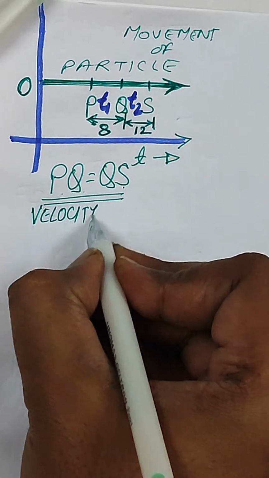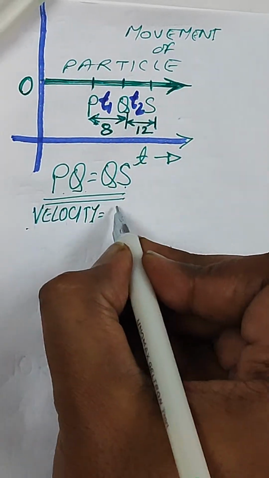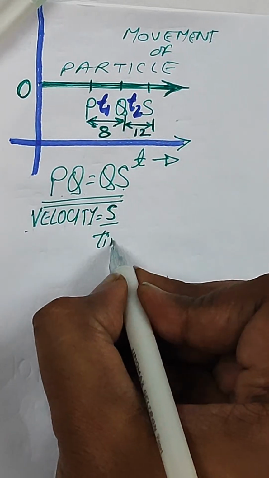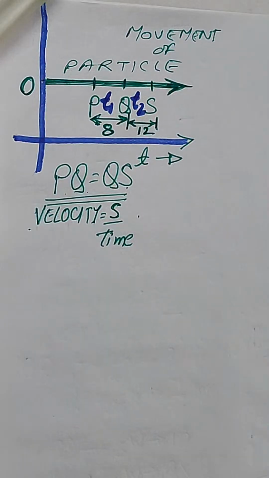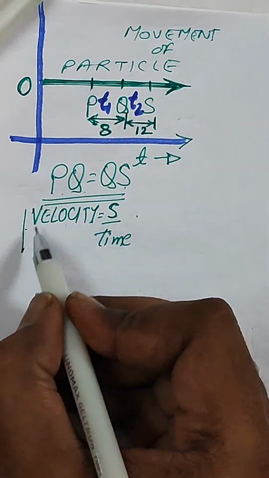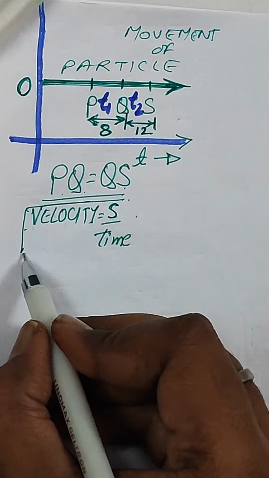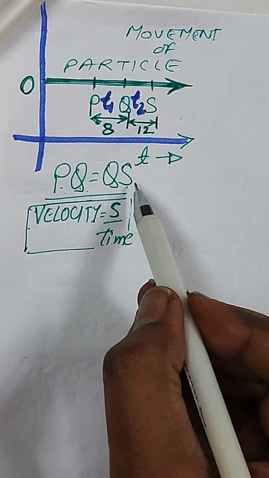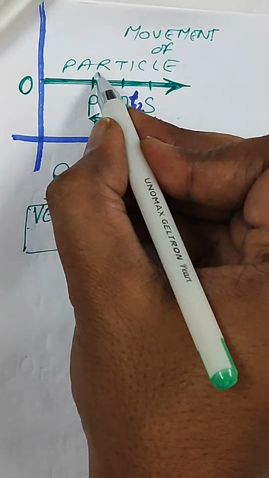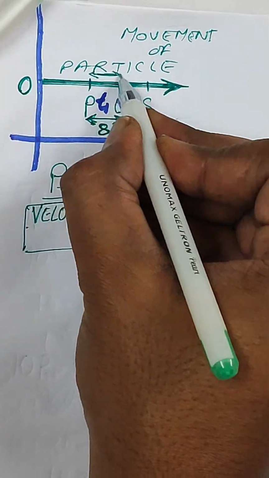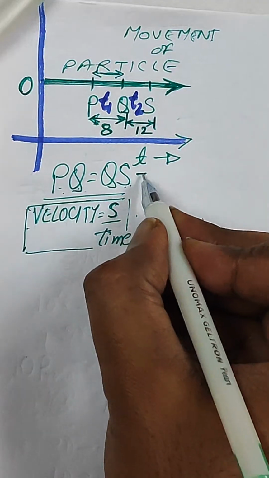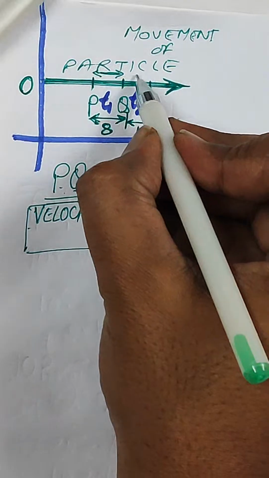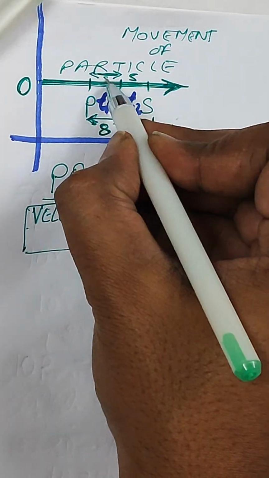Velocity is nothing but displacement by time, right? We all know it. Since PQ is equal to QS, let us say each is equal to S.